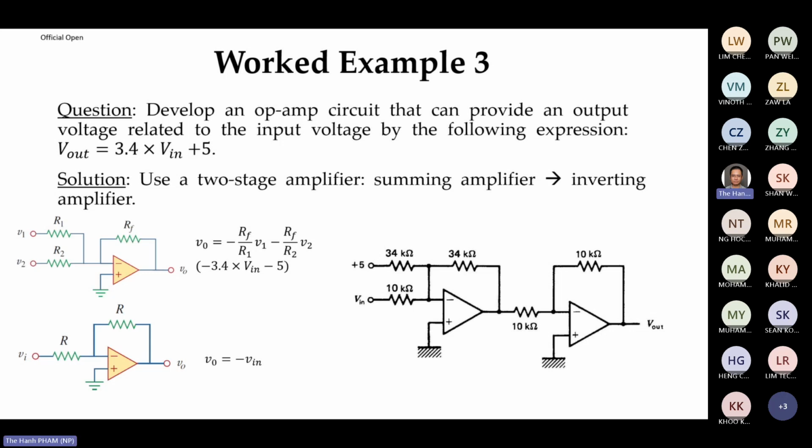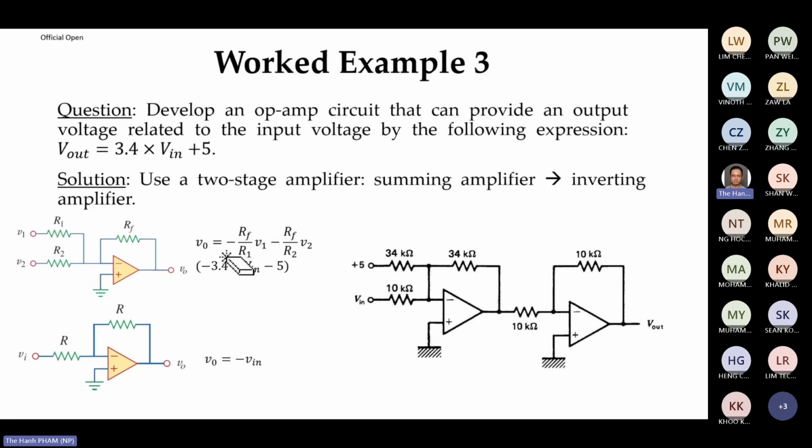Now we learn the summing amplifier. This one is a summing amplifier. The formula is minus RF over R1 times V1 and minus RF over R2 times V2. So the summing amplifier can help us to do the same formula, but with a minus sign because of the minus sign of the summing amplifier.